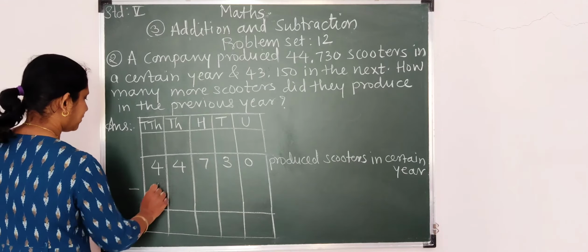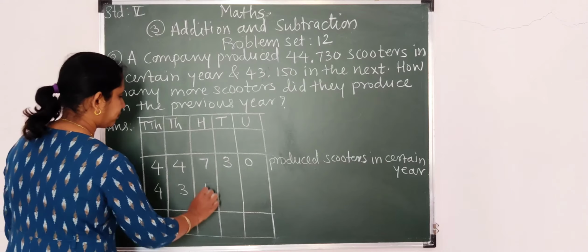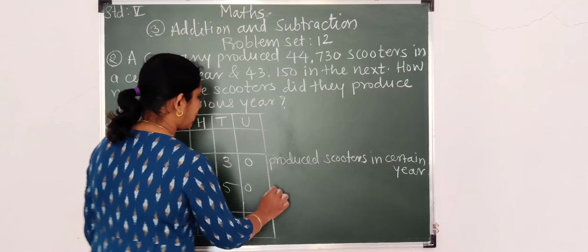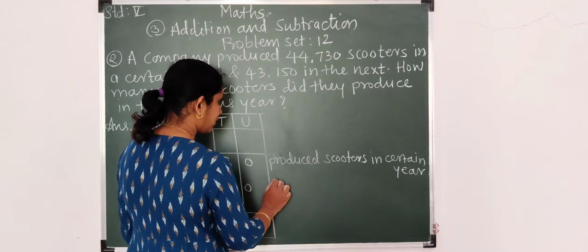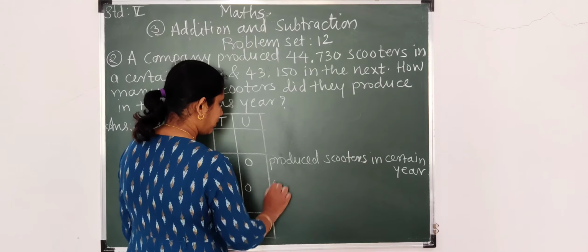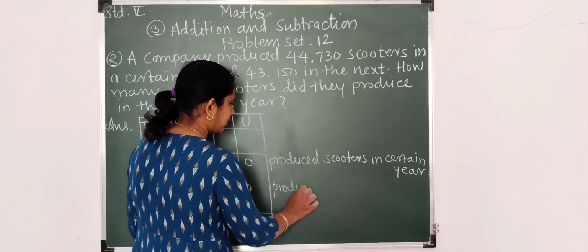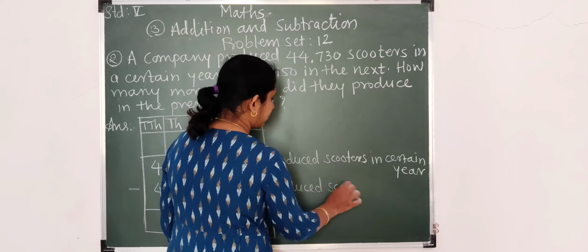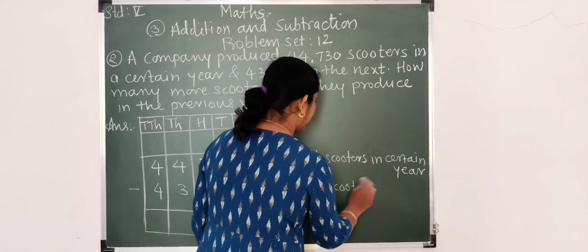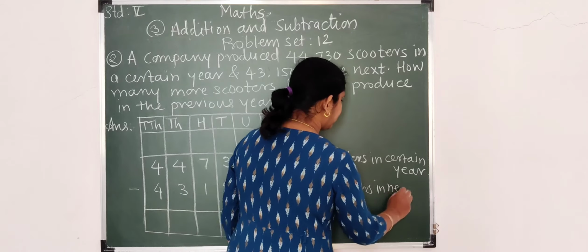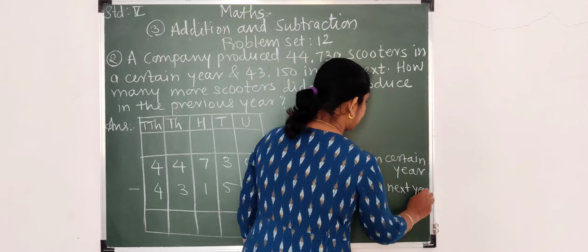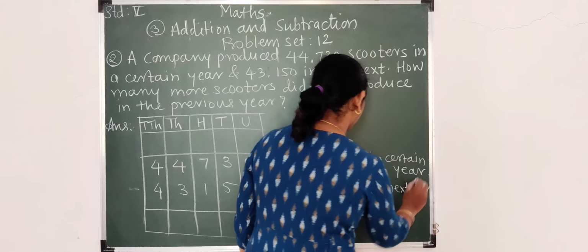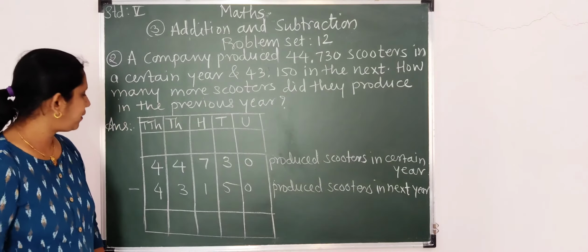Minus 43,150 produced scooters in next year. Alright. Now let us start subtracting.